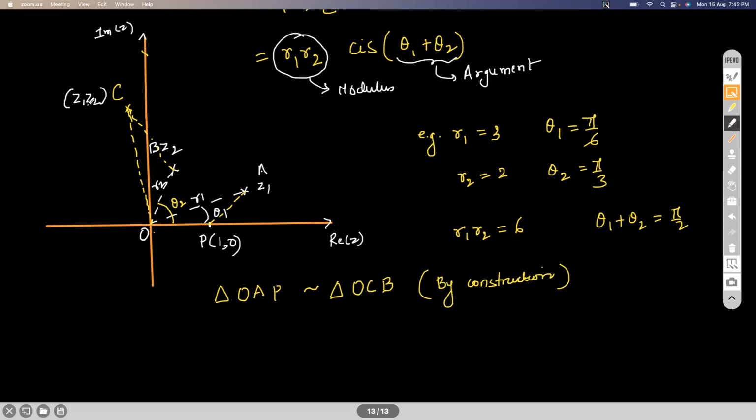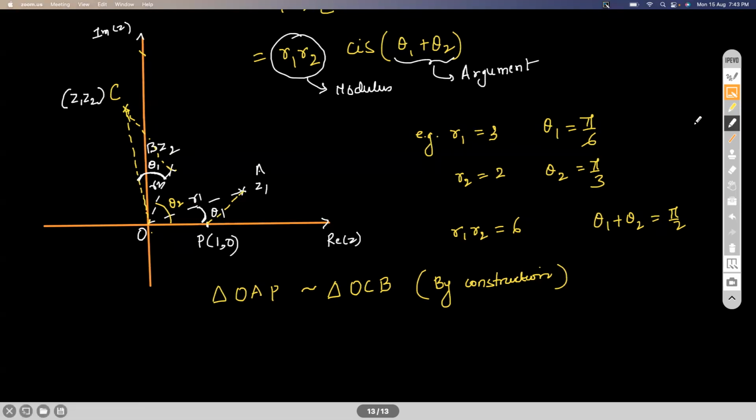Interesting. How? Let me justify my words here. By the fact that you have made OAP and OCB similar, can I say this angle will be θ1 again? Agreed? Because this is θ1, this will also be θ1. By construction, they are similar. Yes or no? Okay, now hold on. If they are similar triangles, can I say OA by OP should be equal to OC by OB?